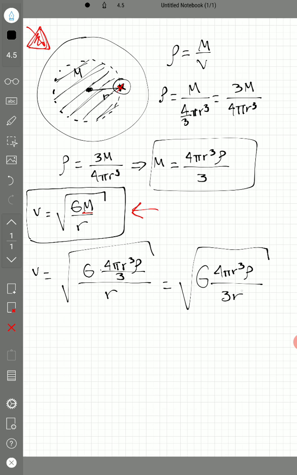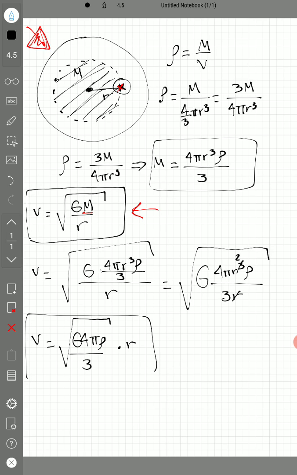And when you do this, this cancels, and so this r cubed will go into r squared, and what you get is that the velocity will be equal to the square root of G 4 pi density over 3, and then the radius squared will be affected by the square root, and you get this times r.